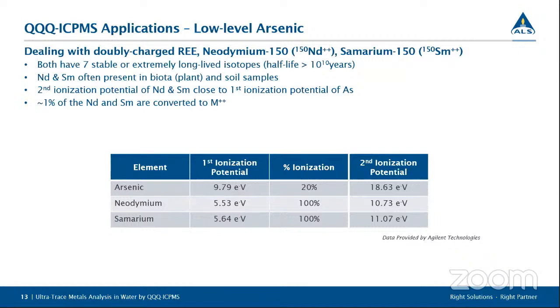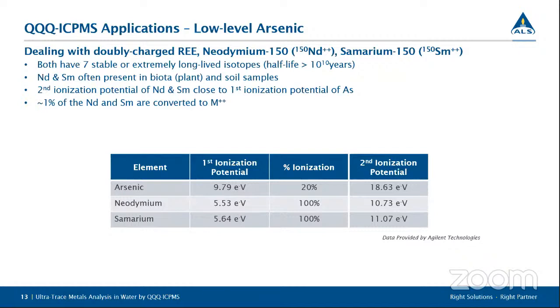And the reason we have to worry about these two is that neodymium and samarium have relatively low second ionization potentials, around 11 electron volts, and the first ionization potential of arsenic is around 10.